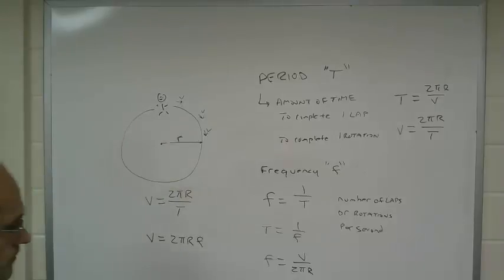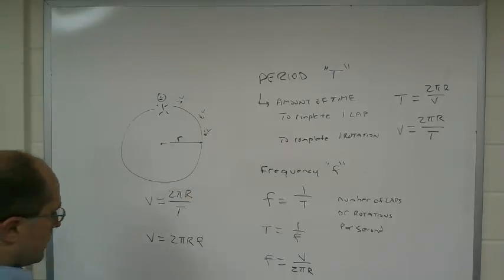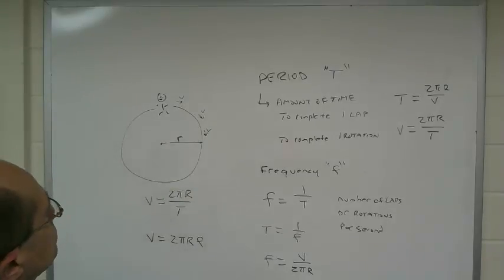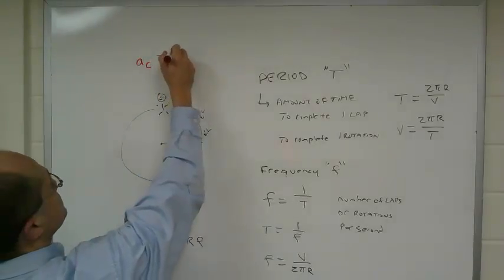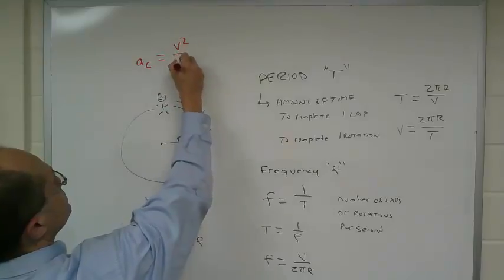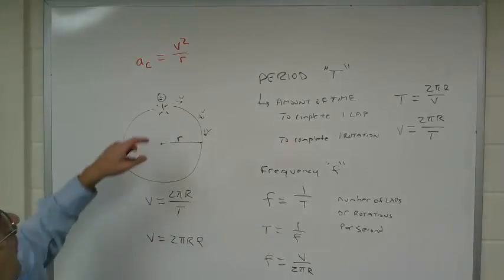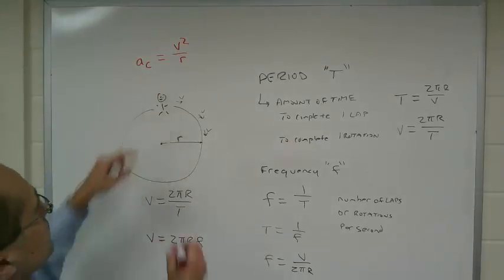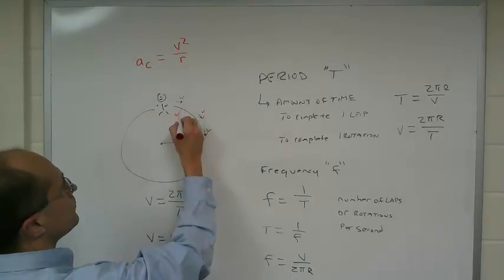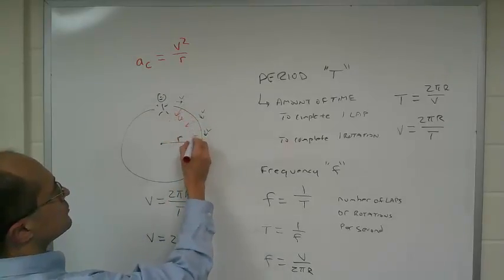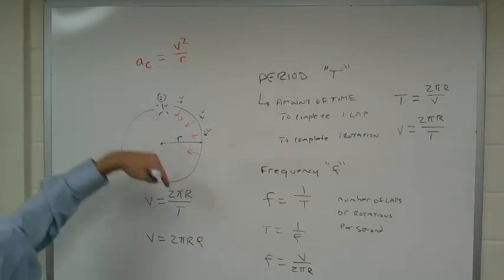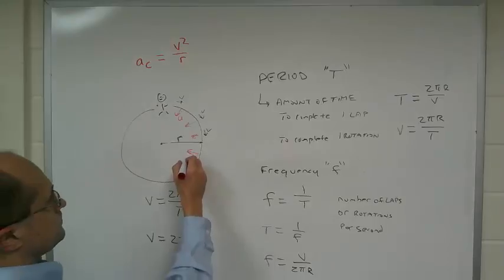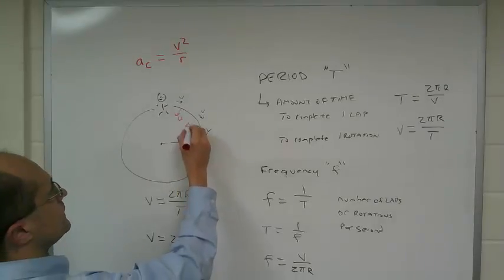So we have some different definitions for period and frequency, and they're all related to how quickly we move around the track. Now we want to remember one other thing from before. We had something called the centripetal acceleration, and we said that that was v squared over r. The centripetal acceleration was an inward pointing acceleration towards the center of whatever radius or curvature we were going around. And it always pointed inward.